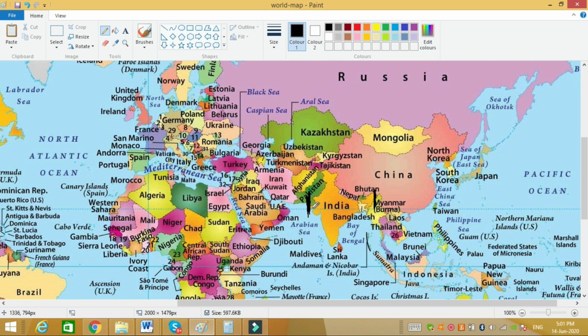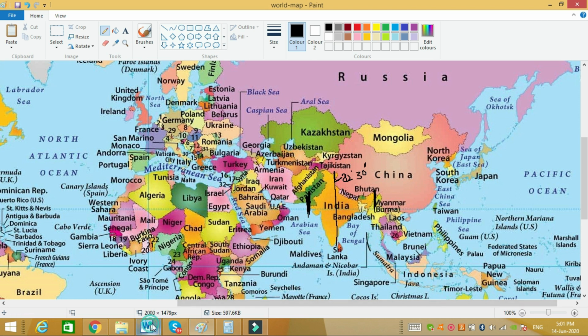The standard meridian passes through the middle of India, and this angle is 82 degrees and 30 minutes. There is a lot of confusion among students about how this standard meridian comes out to be 82 degrees and 30 minutes. So let us solve this problem.